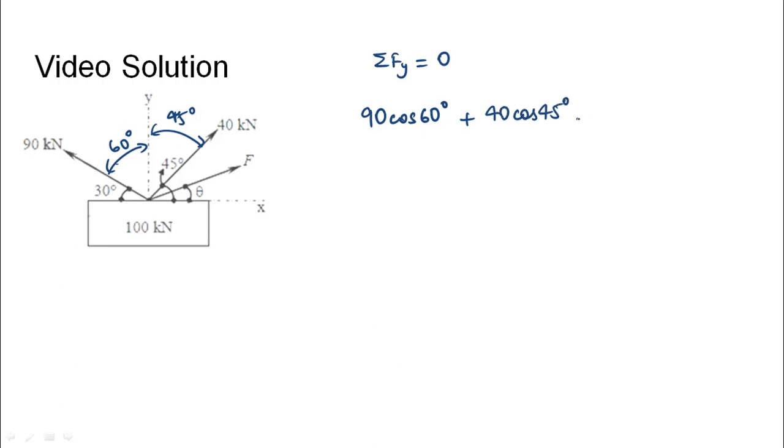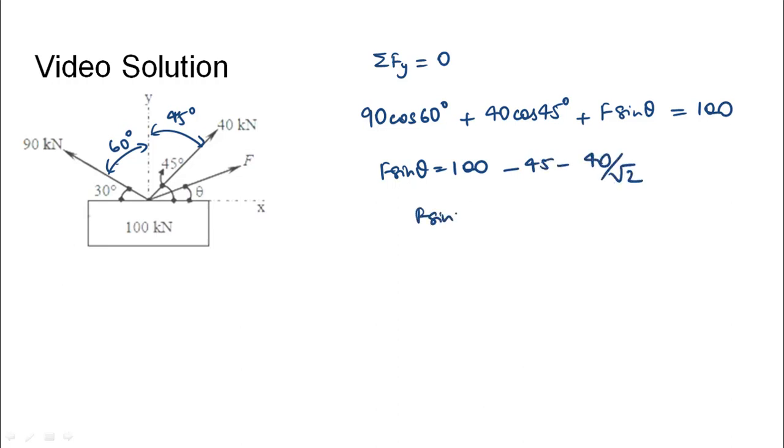Next we will have the force component for F, that is F sin theta, and this should be equal to 100. Using this we would get F sin theta as 100 minus 45 minus 40 over root 2. From this we would get the value of F sin theta as 26.715. Let us call this equation 1.